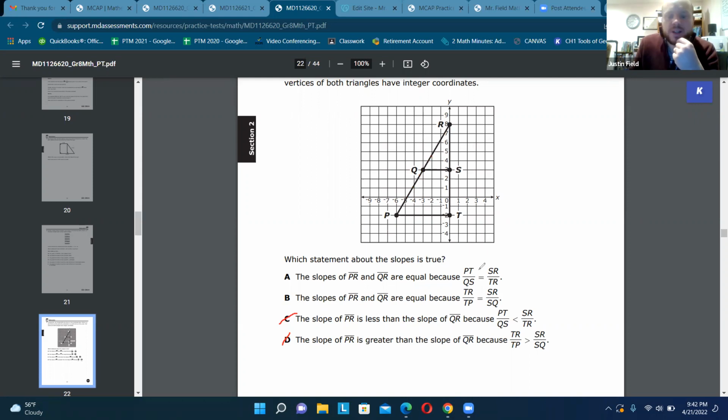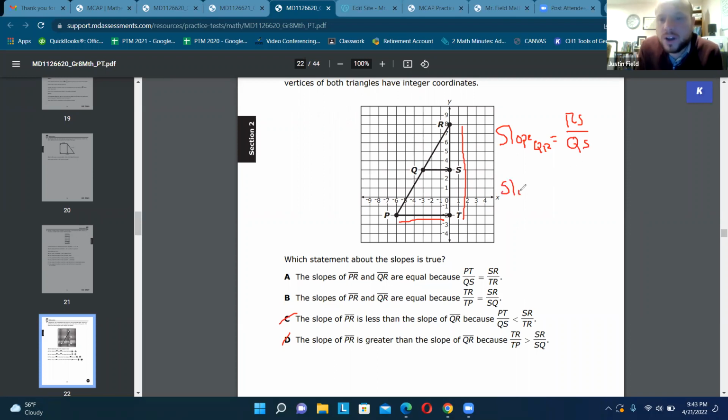So now let's think about our slope triangle. Remember how we did that in the question earlier? So we have our rise and our run. So to find the slope of QR, we would take the rise, RS, and divide it by the run, QS.